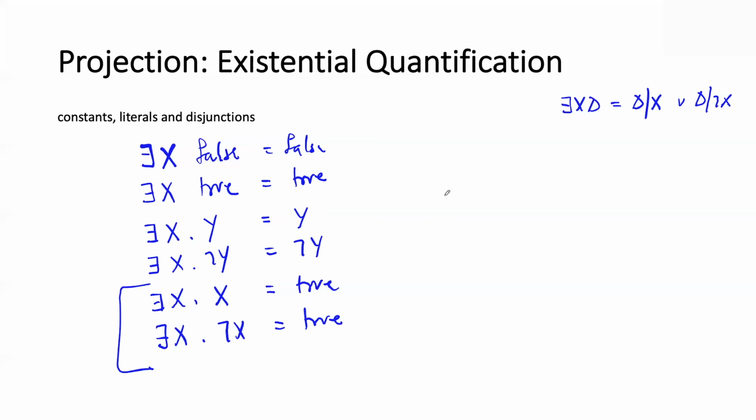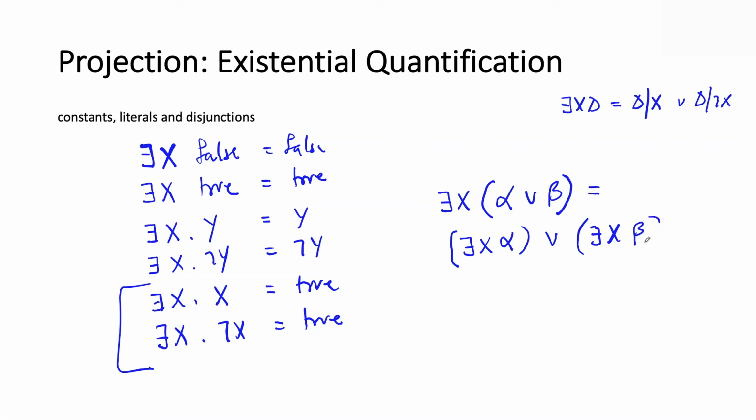The other case that remains is for the disjunction. What if I want to existentially quantify X from a disjunction? Again, simple application of this will show you that this is the same as existentially quantifying from alpha and existentially quantifying from beta, and then putting the results together.